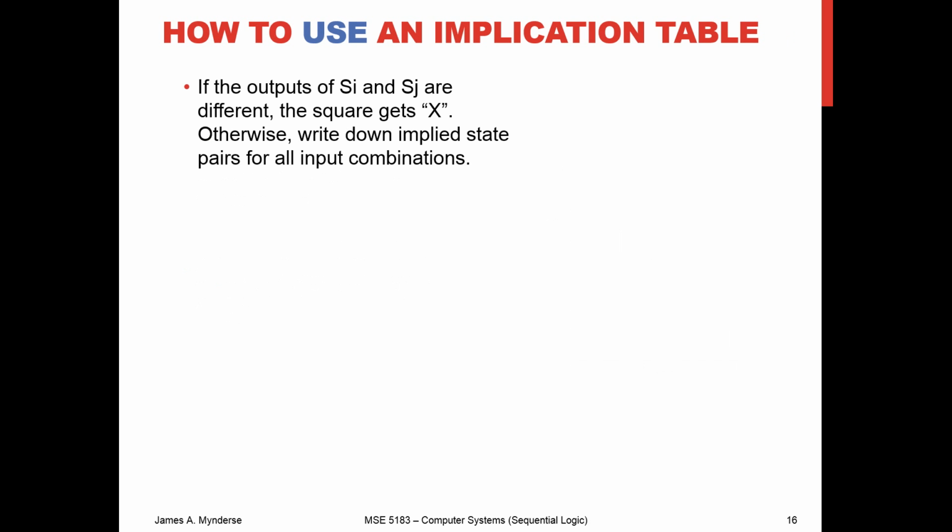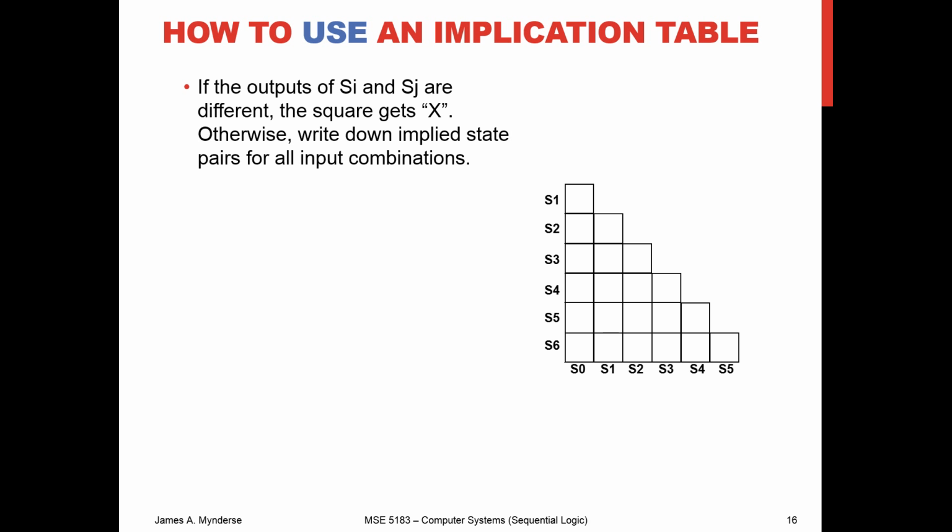So how do we use it? Well, if the outputs are different, i.e. they can't be combined, they are not equivalent, we'll mark it with an X. If they can possibly be combined because they have the same output and we just don't know about the next states yet, we'll write down the implied state, the next state, for their input combinations.